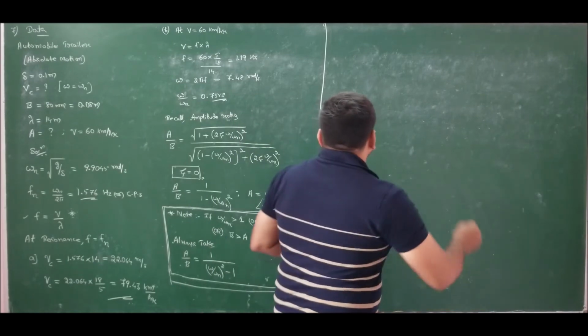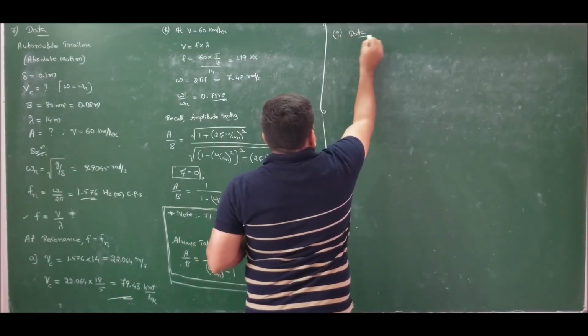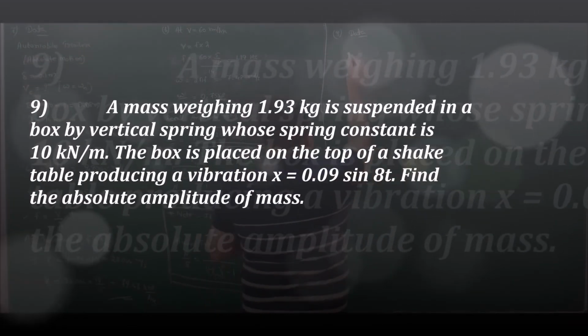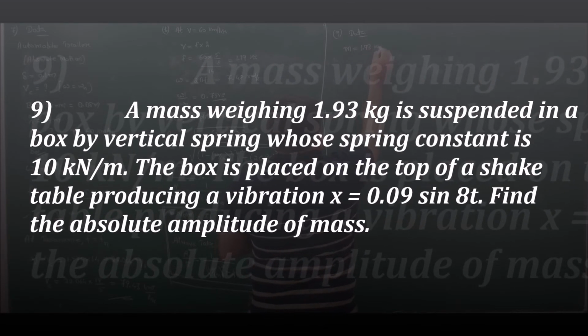Moving ahead, problem number 9 of our discussion states that a mass weighing 1.93 kg is suspended in a box by a vertical spring whose spring stiffness is given by 10 into 10 to the power of 3, which is nothing but 10 to the power of 4 Newton per meter.